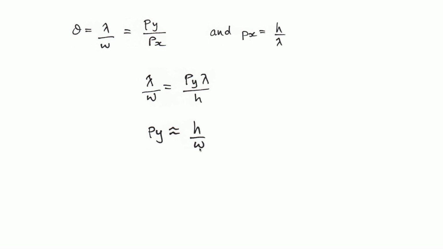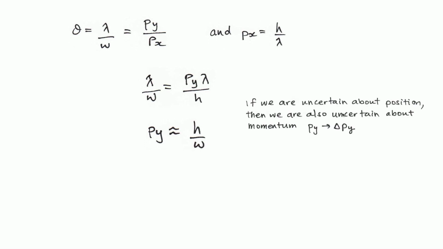But because this is uncertain, we don't really know how certain this is, we can say we're uncertain about the position of this photon in the slit. Because it's so tiny, we don't really know where it left. So we don't really know much about its momentum. We're uncertain. And so instead of writing this as the momentum in the y direction, we'll write it as the uncertainty in the y dimension.